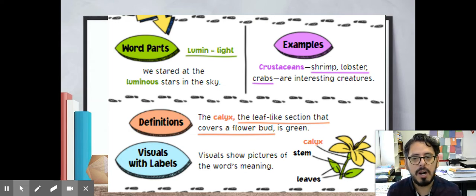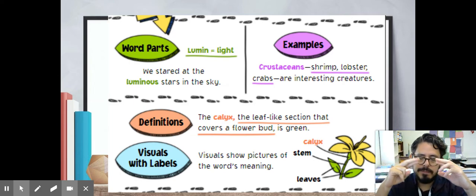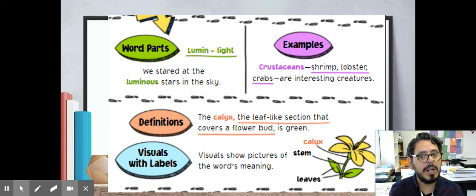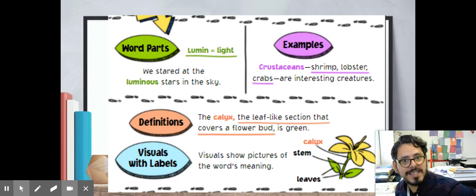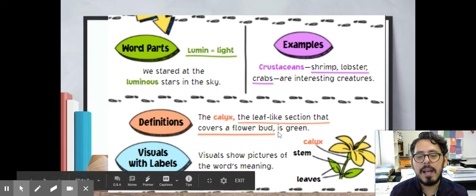You could say, oh, they're the ones that have tweezers on their hands. But shrimp doesn't have that, so it's mainly animals that have kind of like a crust, like a hard shell.